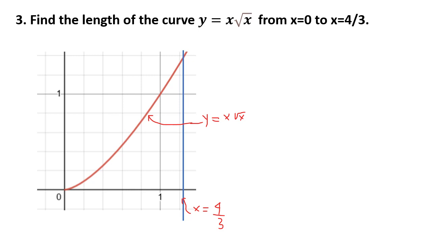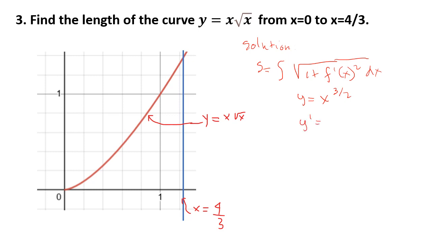So, solution: L is equal to the integral of the square root of 1 plus f prime of x squared dx. y equals x to the power 3 over 2. So y prime equals 3 over 2 x to the power 1 half.